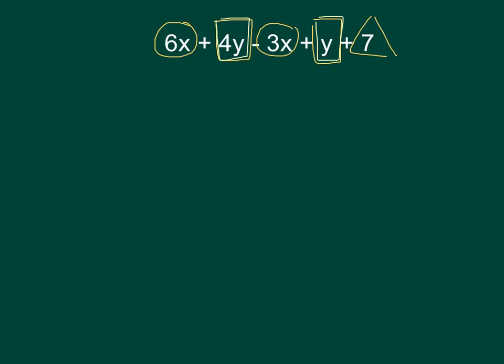So the first thing I want to do is my x's. So 6x minus a 3x gives me 3x. And now for my y's, my 4y and my y, so 4y plus y.